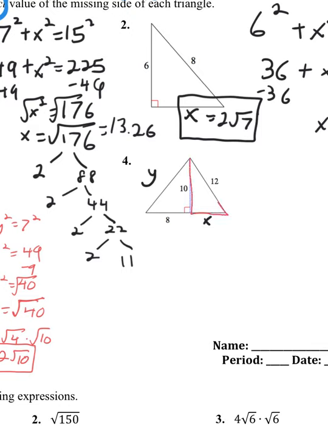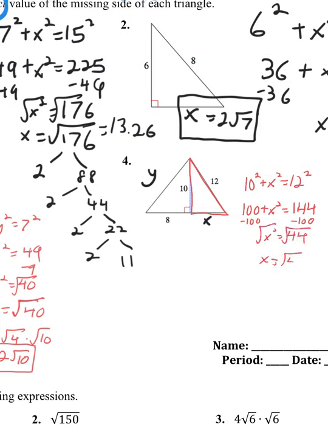And with the last problem here, problem 4, I'm going to get 10 squared plus x squared equals 12 squared. 10 squared is 100. 12 squared is 144. And I get x squared equals 44. When I square root both sides, x equals the square root of 44.